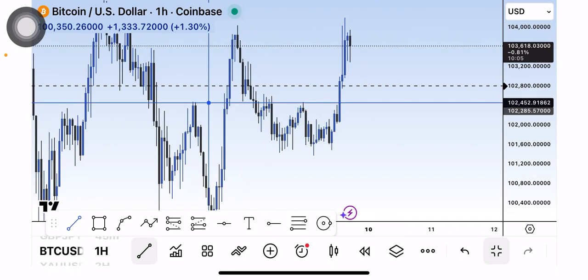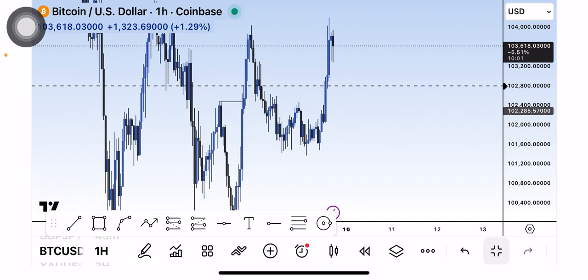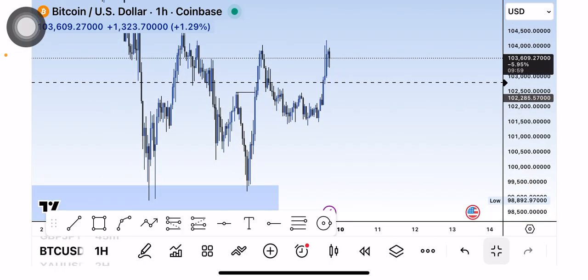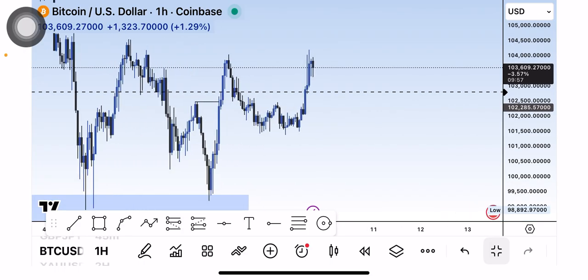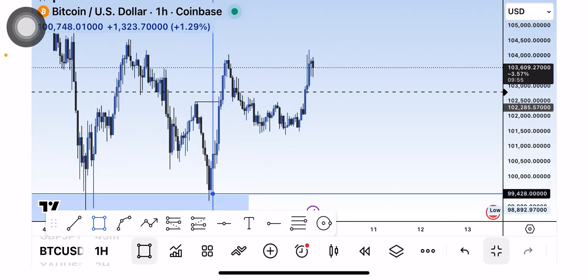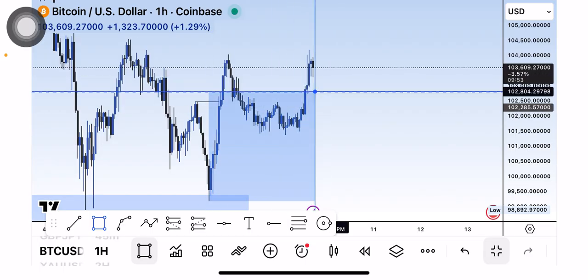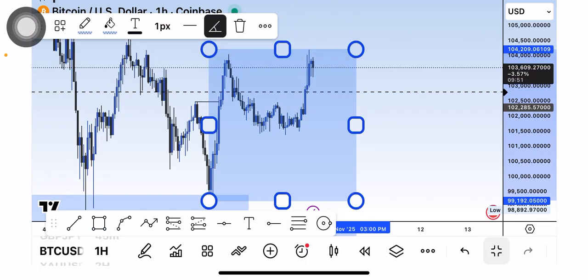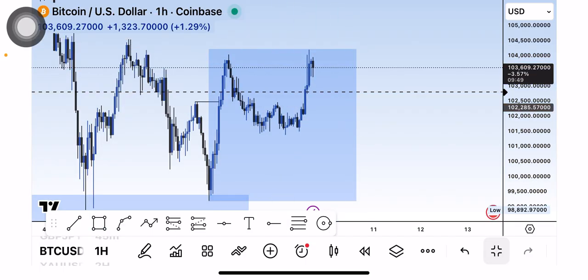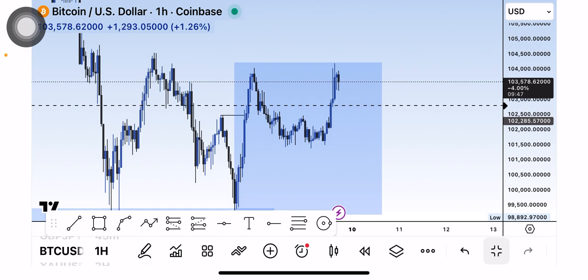In 1 hour time frame, market gave us a break of structure here. We are going to focus around this side. Why? Because we are looking for buy opportunity. We have gotten where market is reacting from, so we are going to focus in this area.